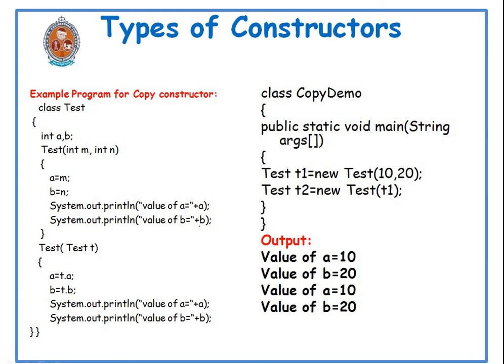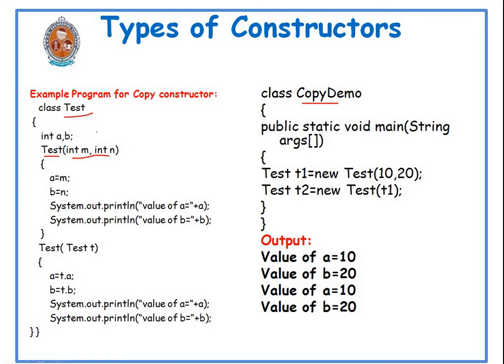Coming to the example of copy constructor, here we have two classes, Test and CopyDemo, and inside the class Test we have two instance variables, a and b. After that, we have defined a constructor having two ordinary parameters.